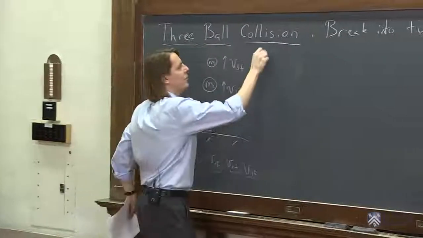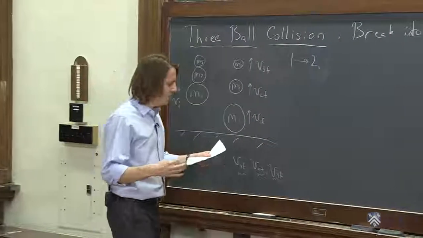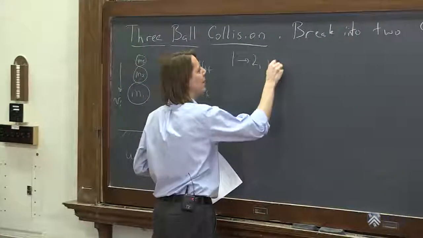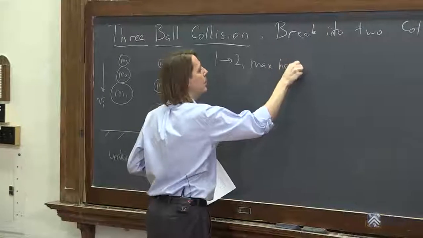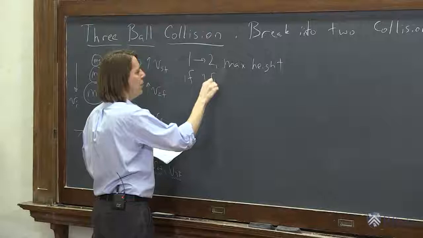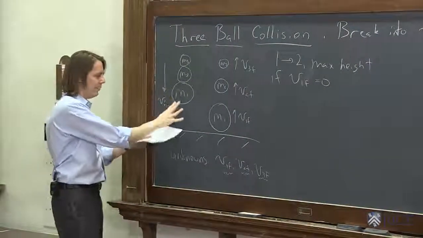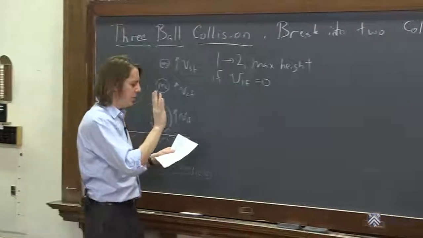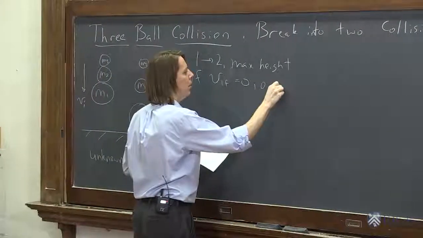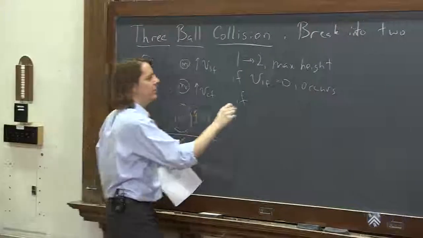So first, when 1 hits 2, well, we kind of already did that. That was the previous video on the bouncy balls. You get the max height if V1F equals 0. We solve this by saying, make this one just sit, which occurs if M1 equals 3M2.